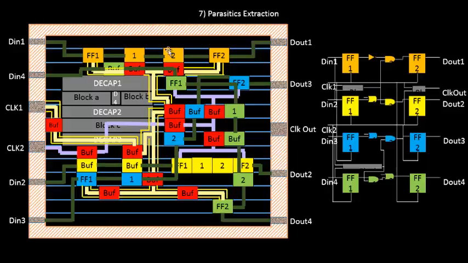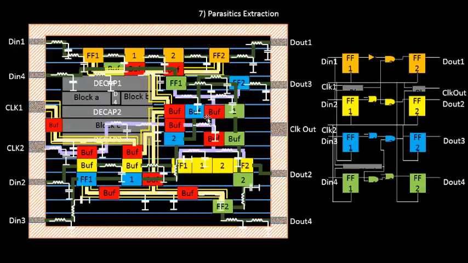The resistance and capacitance of the entire chip, all the routes and everything, will be extracted through some mechanism, and now you do a final round of timing analysis with the extracted SPEF. There is no more wire estimation. Now we have real wires and real parasitics.